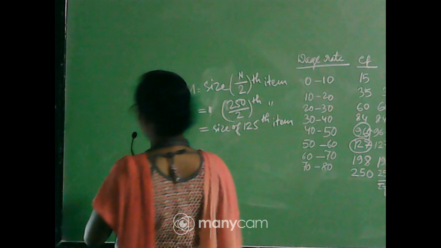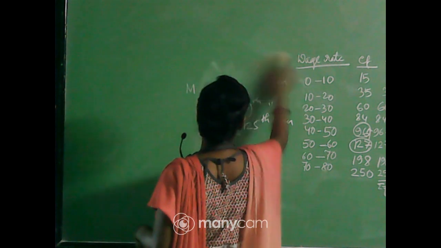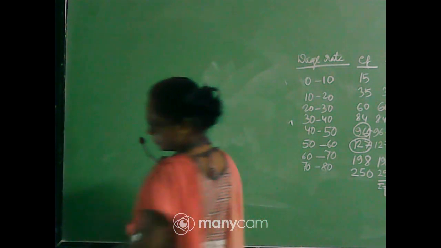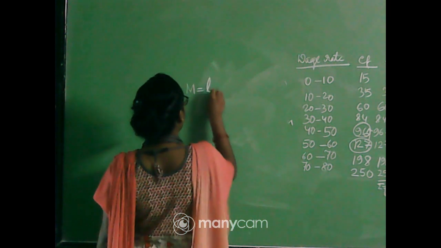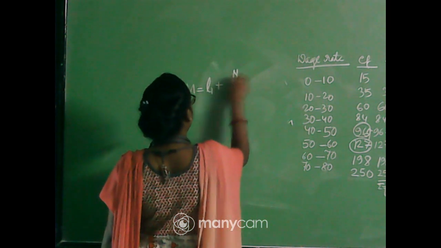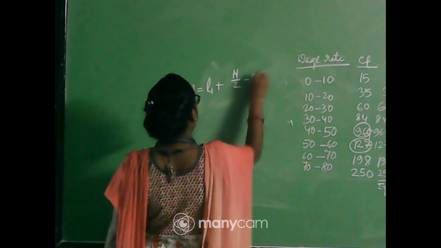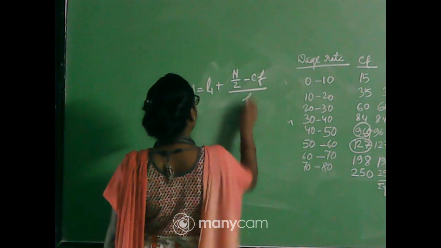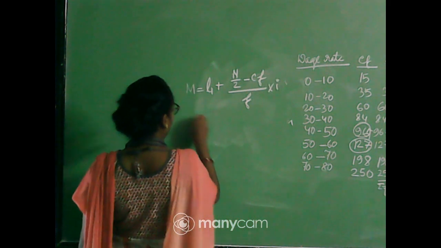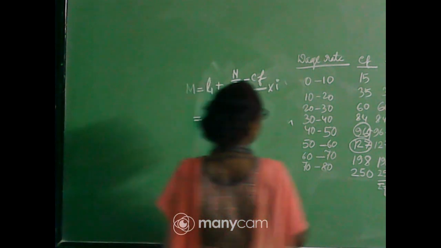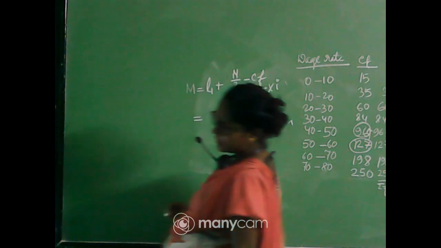So our formula for the median is M is equal to lower limit plus N by 2 minus preceding CF divided by F into class interval of the median class. So what is the lower limit of the median class? Tell me.